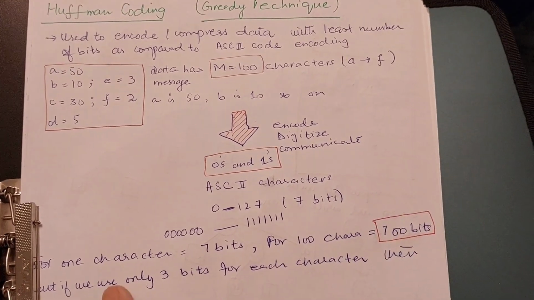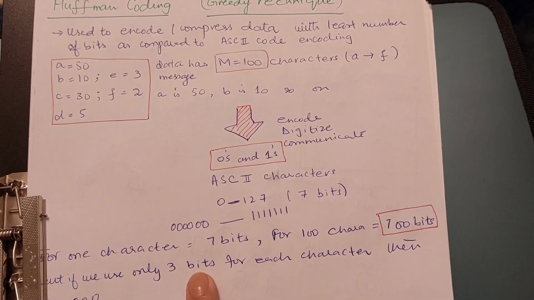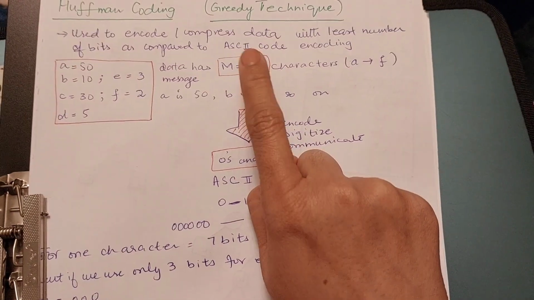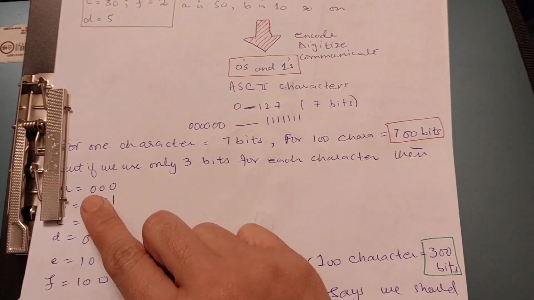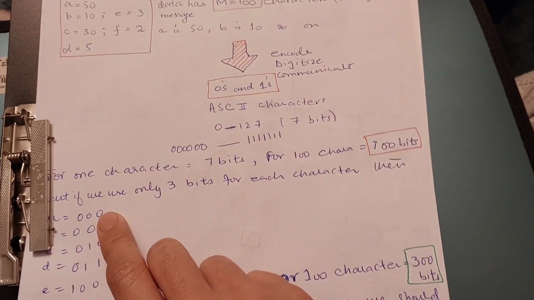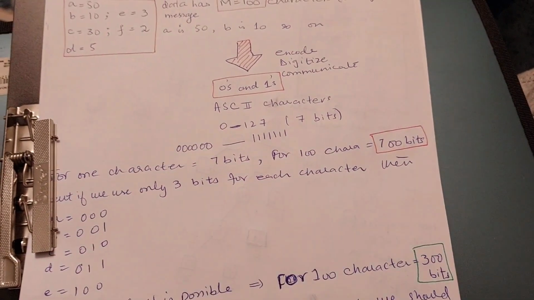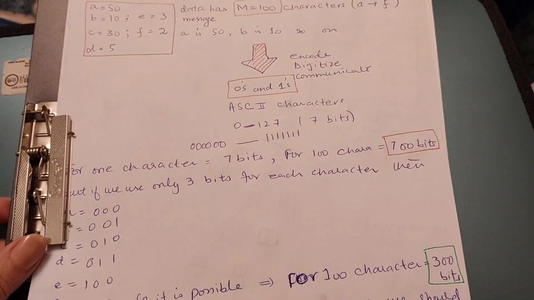We can say that we can use 3 bits for each character, specifically for my data, because you can represent A with 000, and B with 001.